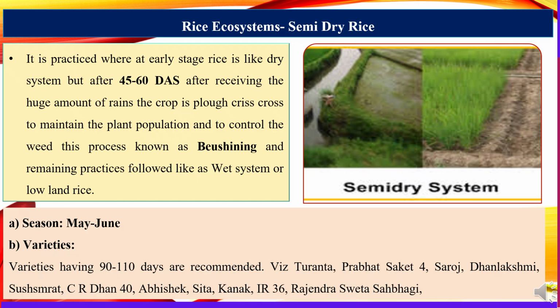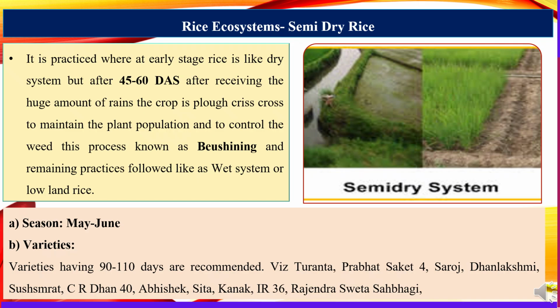After 45 to 60 days after sowing, when heavy rains arrive and fields become waterlogged, the crop is plowed crisscross to control weeds and adjust plant spacing. This process is called bushing, which helps maintain proper plant population and reduce competition from weeds. After bushing, the crop is managed using wetland, lowland rice practices until maturity.